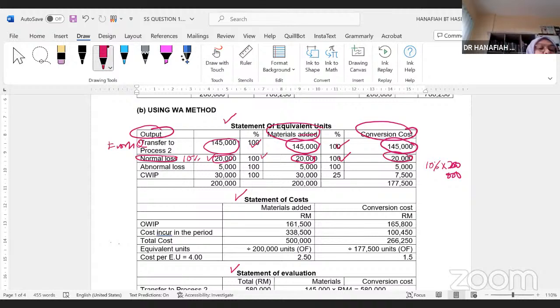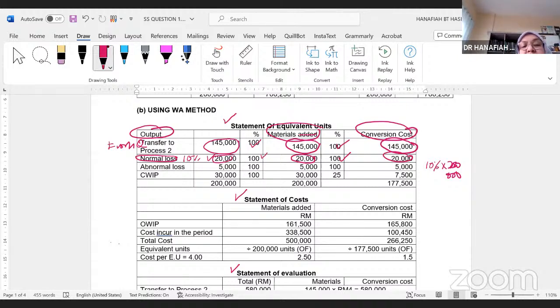All right. However, I expect 20,000 losses during the process, but scrap unit is actually the scrap that can be sold, which is 25,000. We have normal loss of 20,000. Okay, but we are going to sell 25.